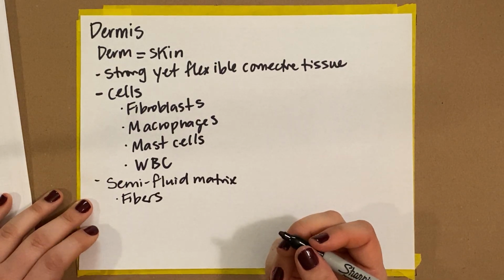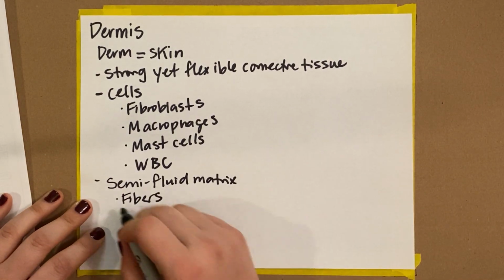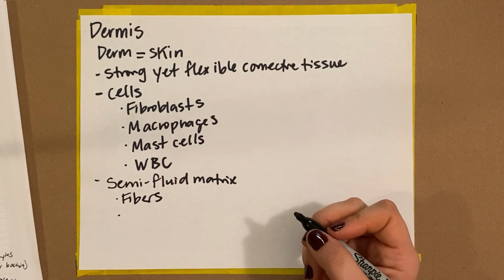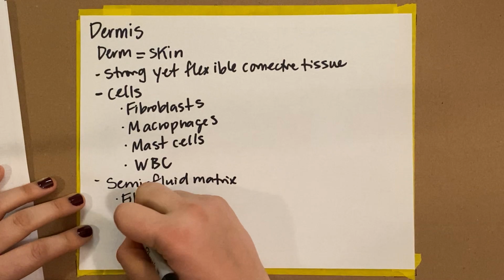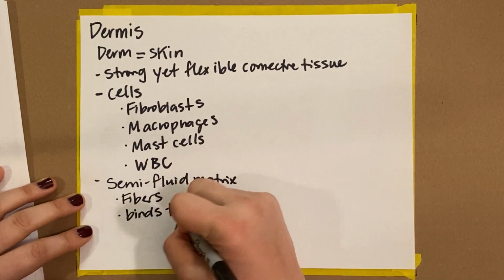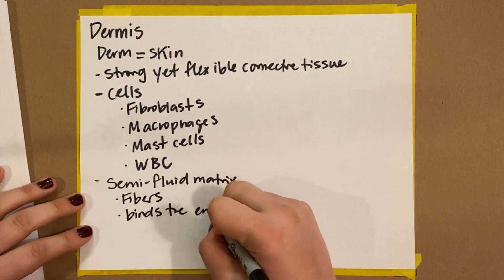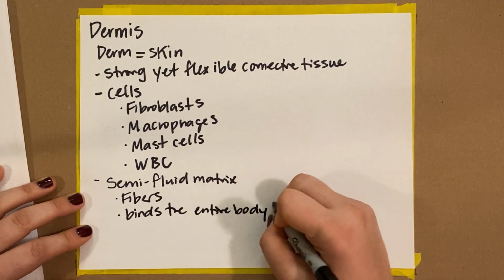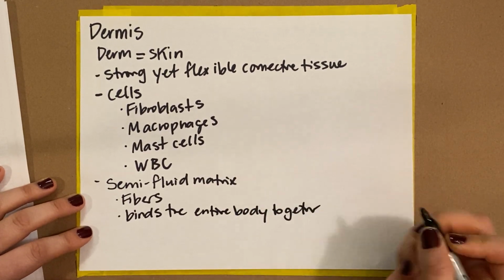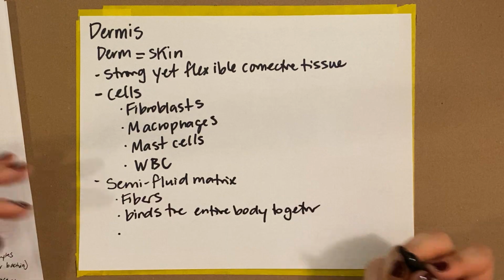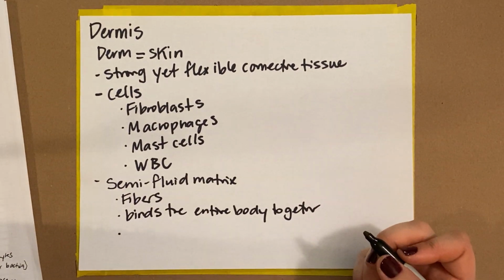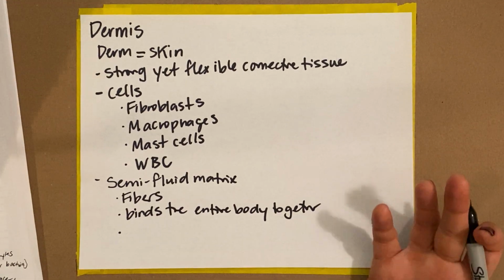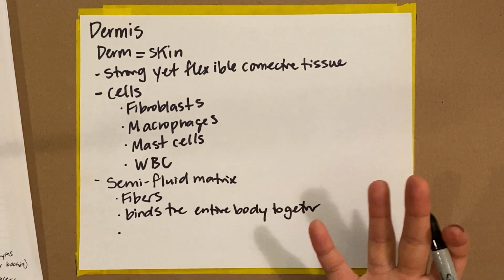It can be described as kind of like pantyhose for the entire body. So it's holding everything together, so it binds the entire body together. Obviously we wouldn't do this, or you should not, but if you think about leather that we wear from cows, that is the dermis.